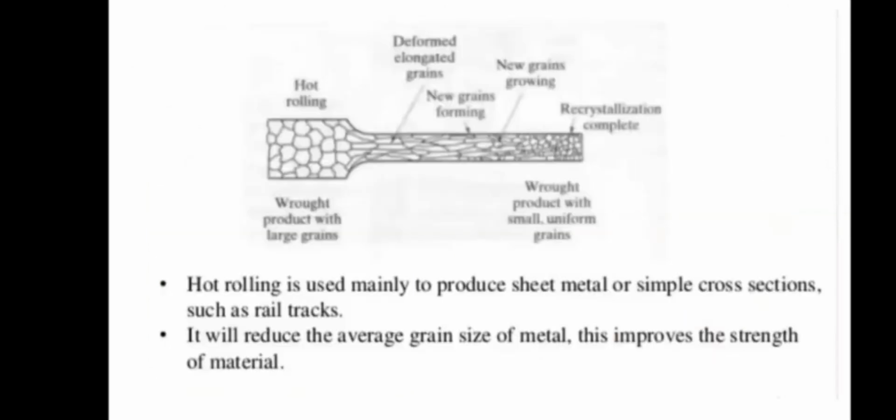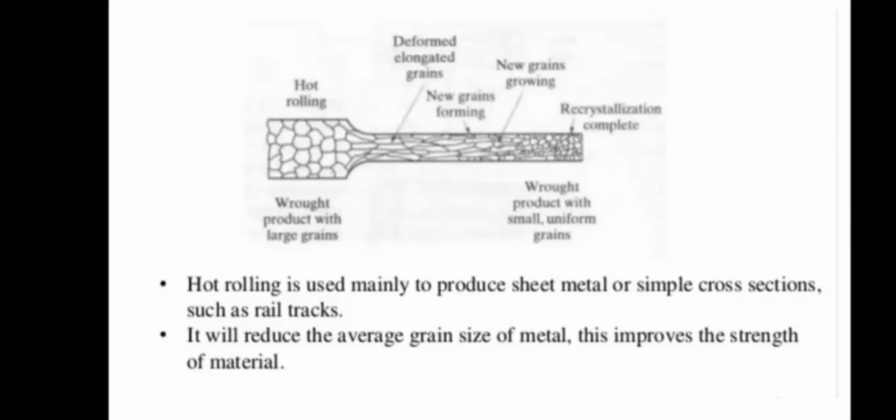You see, near the roller, at the exit, deformed elongated grains will be obtained. With further movement of the component away from the roller, where it interacts with the atmospheric air, further reduction of temperature will take place. The grain again re-alters into a new shape. Recrystallization is complete.